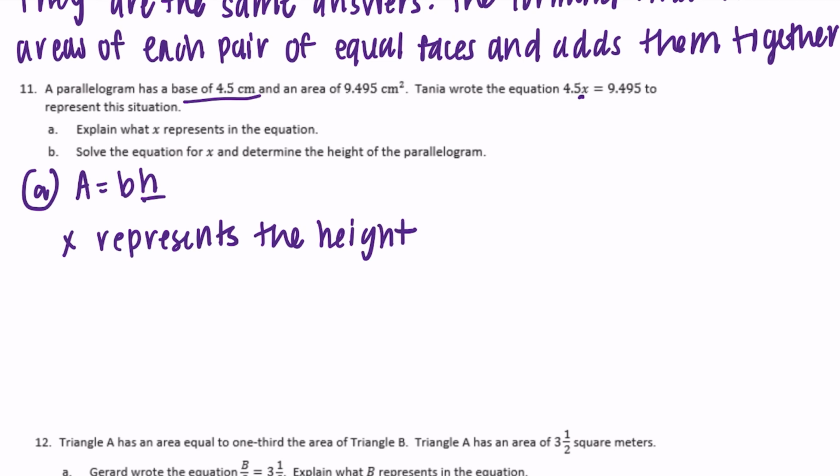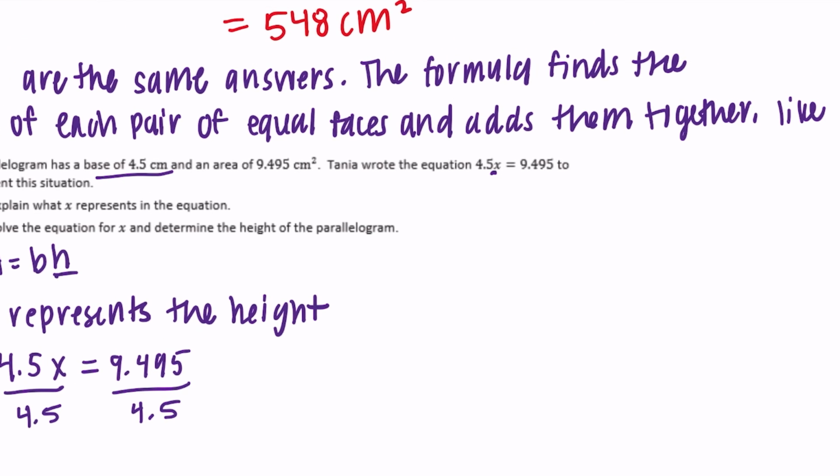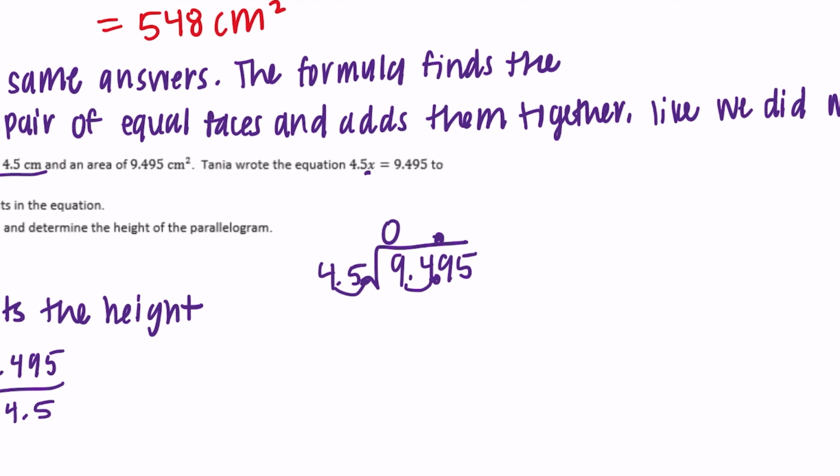And then b, solve the equation. So 4 and 5/10 x is equal to 9 and 495 thousandths. So to get rid of the multiplication, we're going to divide. So 9 and 495 thousandths divided by 4 and 5/10. I'm going to move the decimal point over one spot and then bring it straight up. So 45 can't go into 9, but it could go into 94 twice, because 2 times 45 is 90.